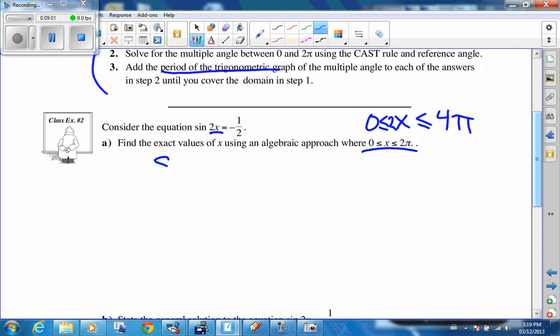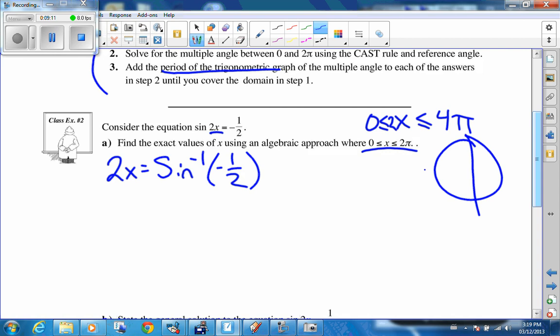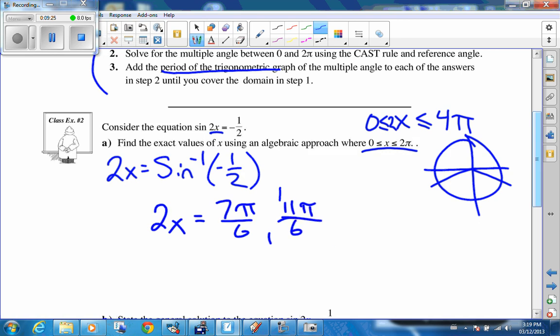So now I go sine inverse of -1/2. And I look for all of the places on my unit circle between 0 and 2 pi. So that's going to be 7 pi sixths and 11 pi sixths. But that only gets me up to 2 pi.